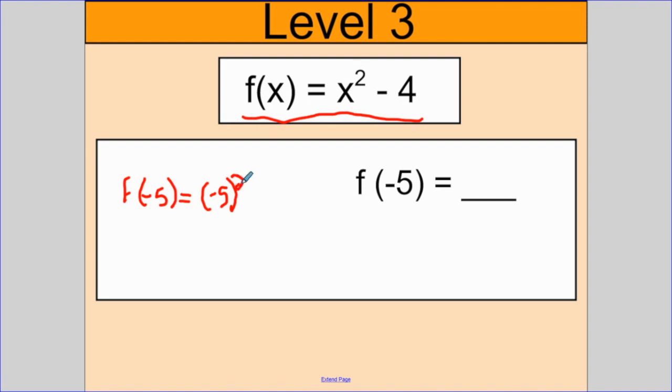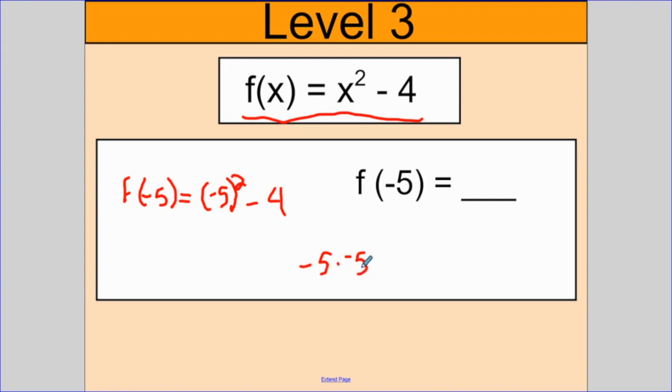squared minus 4. Now, these parentheses around our -5 are very important, especially when we're squaring a number. We know that -5 squared is -5 times -5.